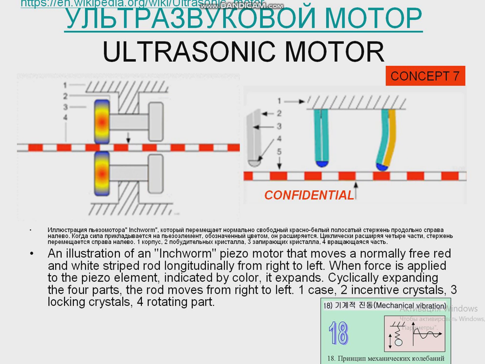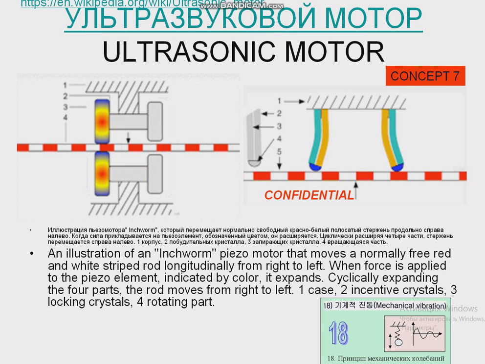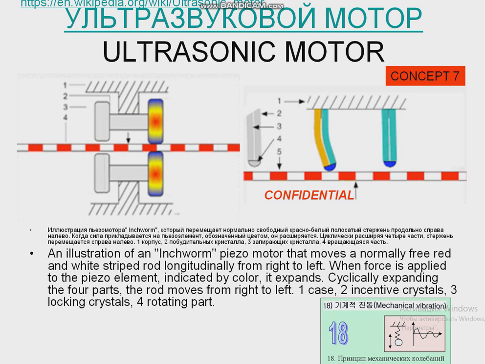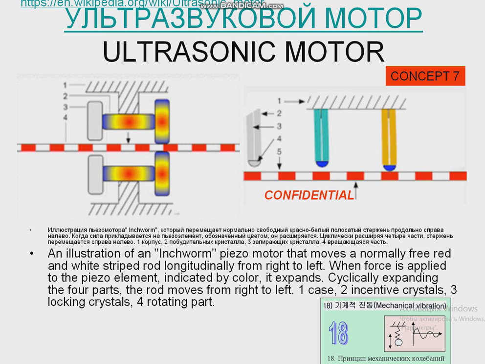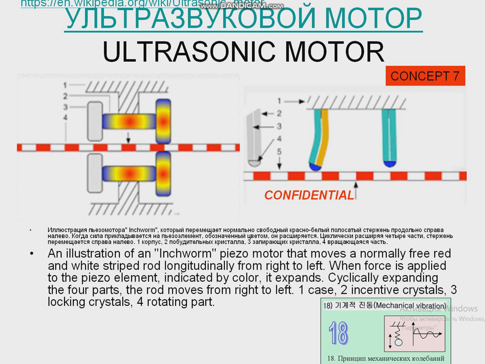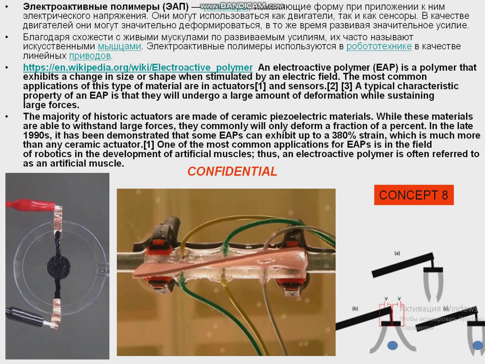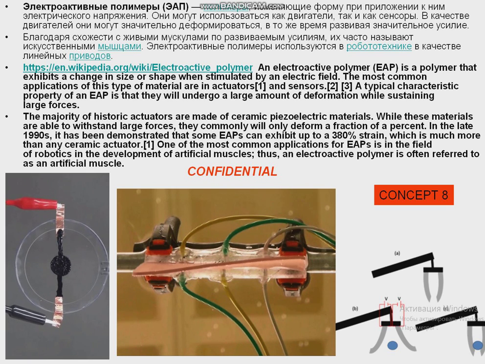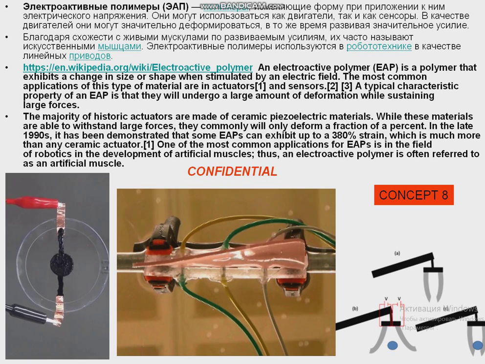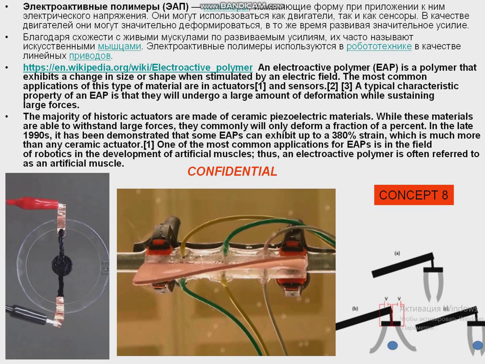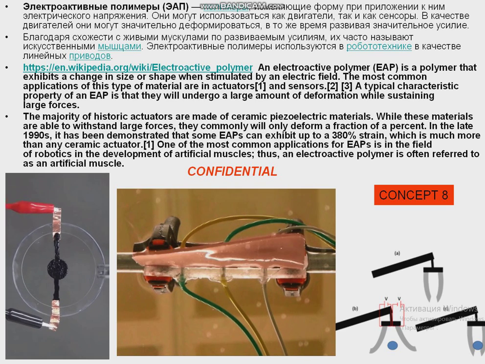Or we can consider concept number 7. It can be the application of ultrasonic motors. It is also an existing direction. It is also workable. Or we can consider the application of electroactive polymers, and electroactive polymers can be concept number 8. What is meant?